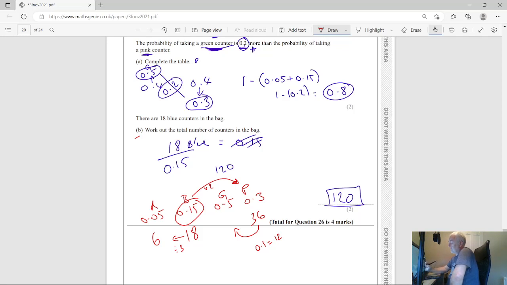Times 12 by 5 gives me 60. And if I add those together, 60 plus 36 plus 18 plus 6 gives me 120 counters. So all I'm doing with this one is dividing the number they tell me by the probability they give me. So 18 divided by 0.15. That's your easiest way.